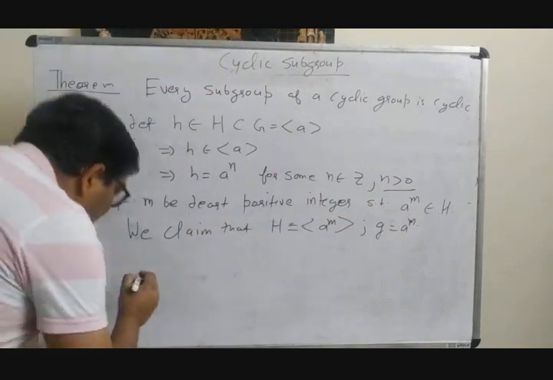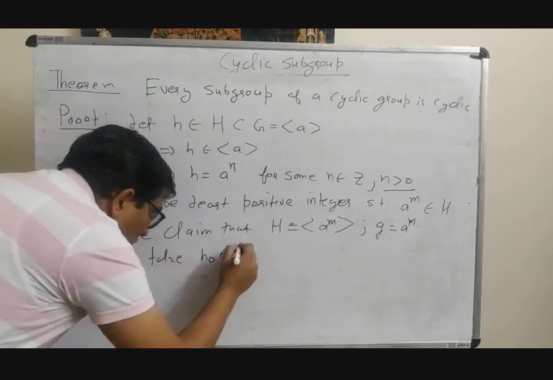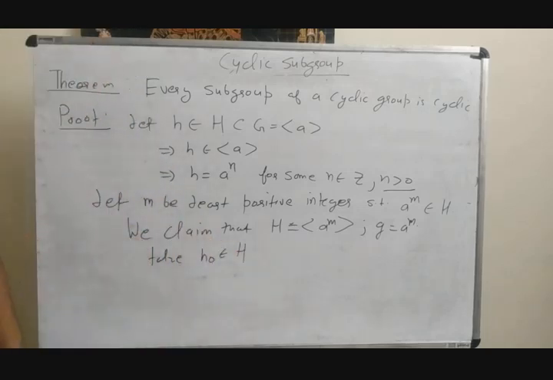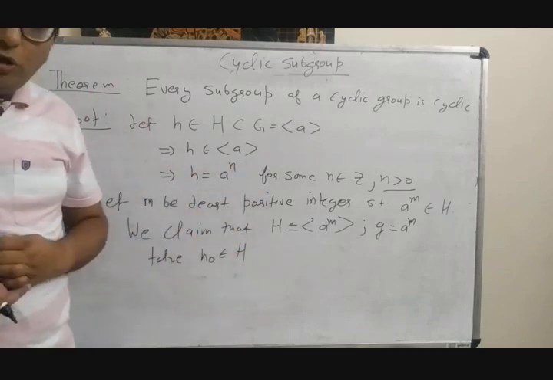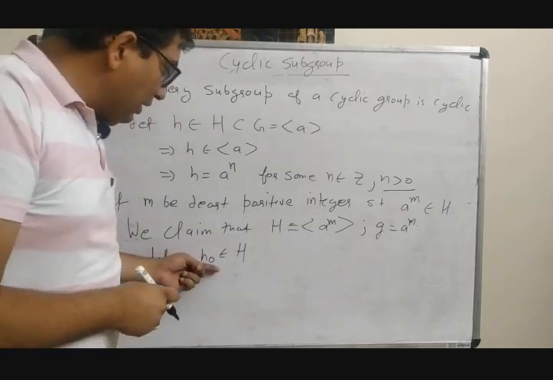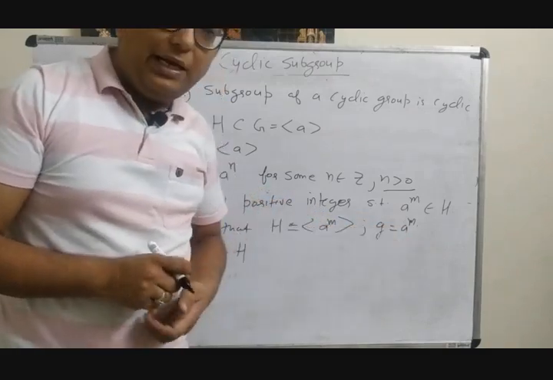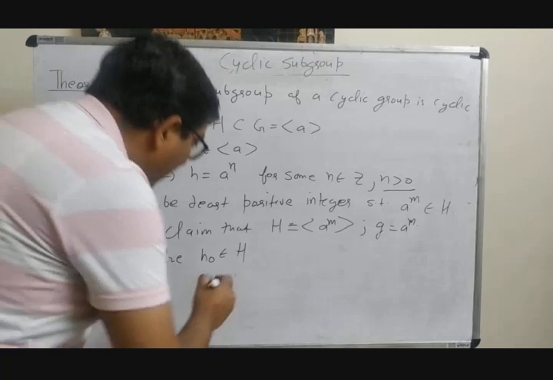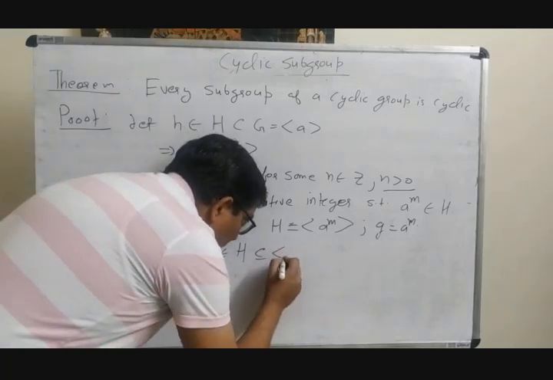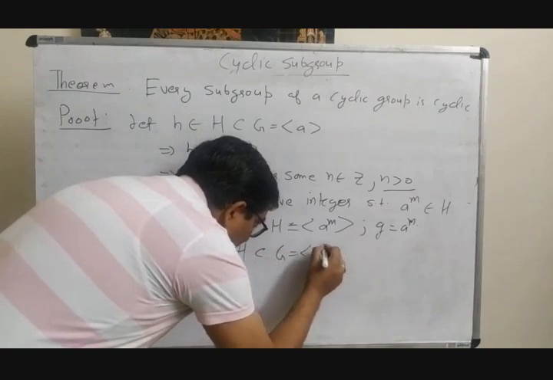So now let us take h naught belongs to H. h naught is any other element which belongs to H. Now we want to prove that this h naught can be written as a power of g, or a power of a raised to power m. Again, this H is a subset of G, which is generated by a.